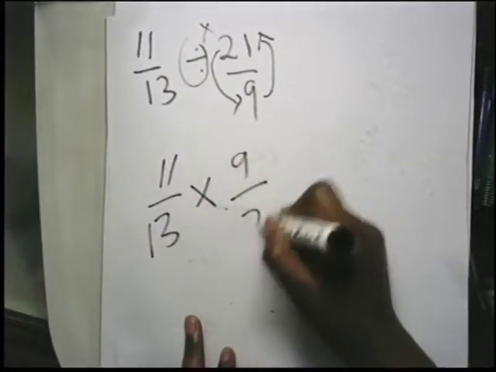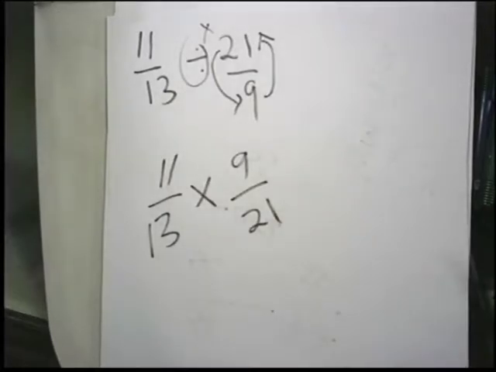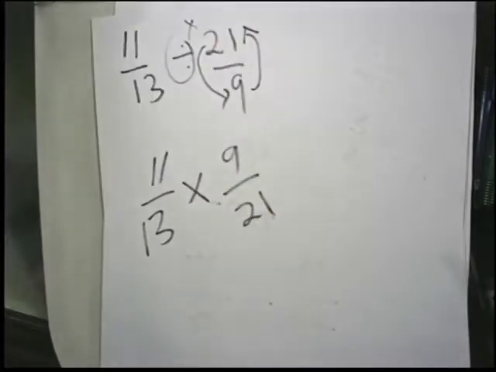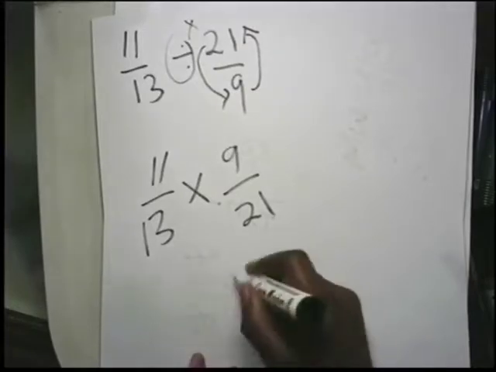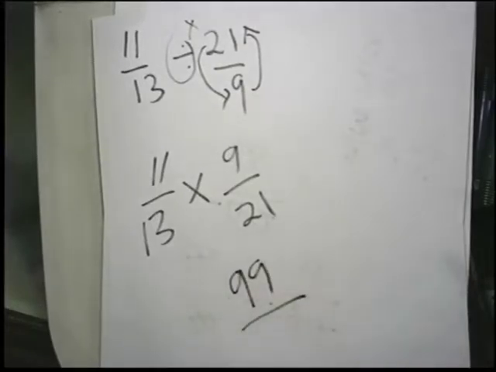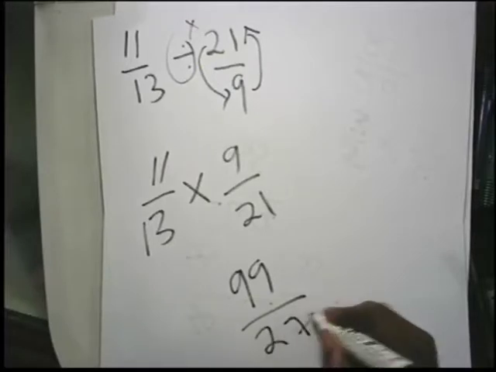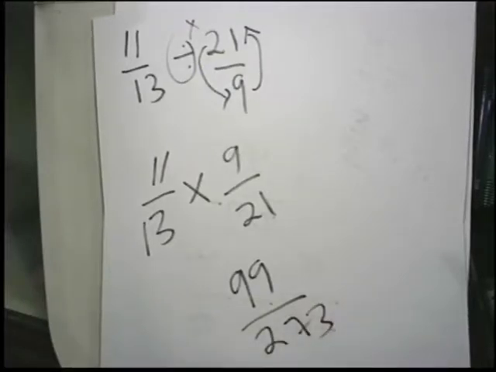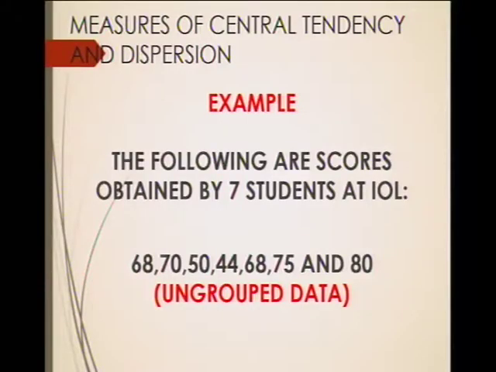It will be 9 over 21. Then you multiply the numerator with the numerator and the denominator with the denominator, and then we get 99 over 273. Okay, I hope that is clear. Then we quickly move on to the next topic, which is measure of central tendency and dispersion.